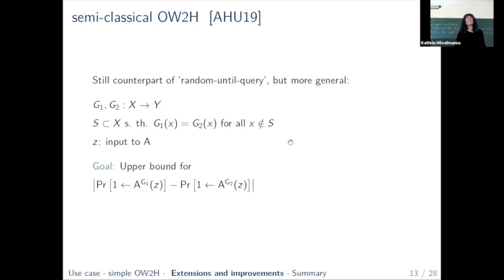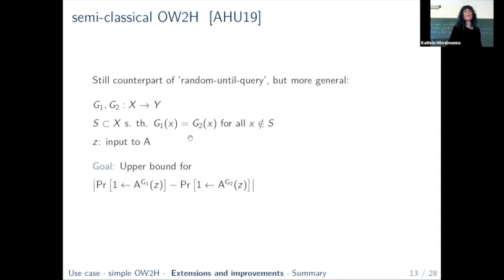So it's still a counterpart of random oracle reprogramming, but it's a bit more general. What we have here are two oracles, G1 and G2. They go from a set X to a set Y. And we consider a set S that is a subset of X. And what we want is that G1 and G2 coincide everywhere but on S. We also consider an additional input string Z that will be the input to A. And the oracles, the set and Z, can have a shared distribution.